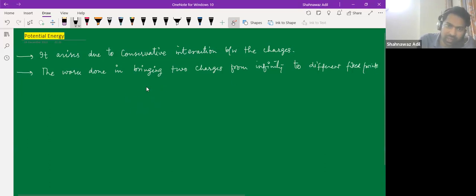And it is also defined as the work done to make a system.